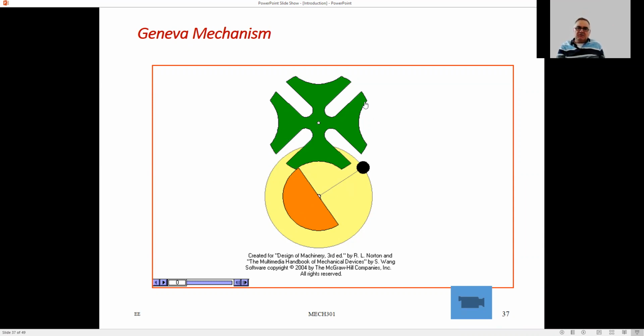It engages again with this green link. It makes it rotate 90 degrees again, and so on. So it is an intermittent motion mechanism. The importance of the Geneva mechanism is that it is used in clocks.